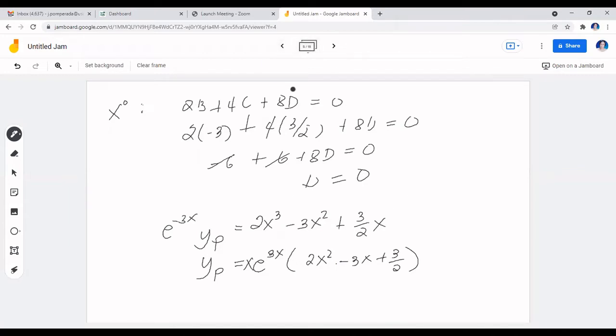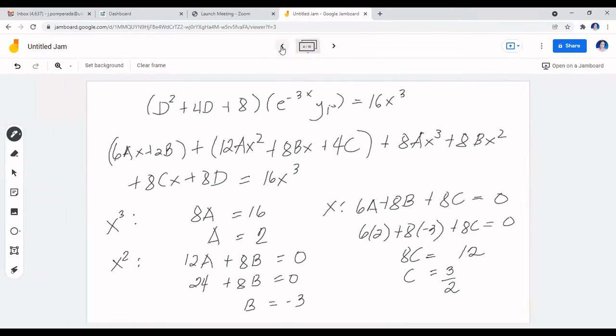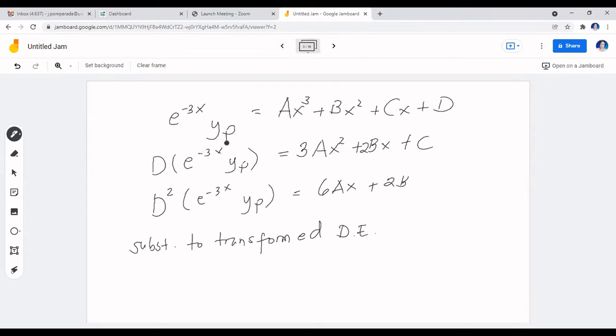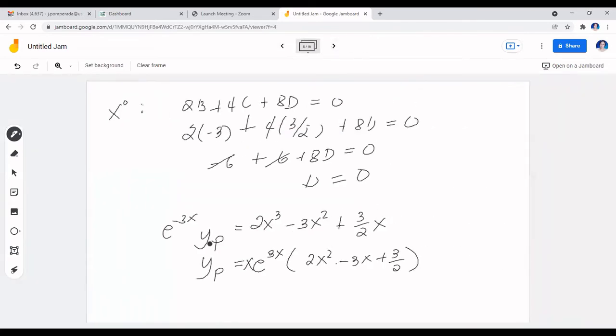Now, we will substitute the 4 coefficients a, b, c, d in the form of the particular solution of your new unknown function. In here, you will substitute it. So this is now how it's going to be written. Now, since this exponential function is not written there together with the y, you shift it back to the right side.